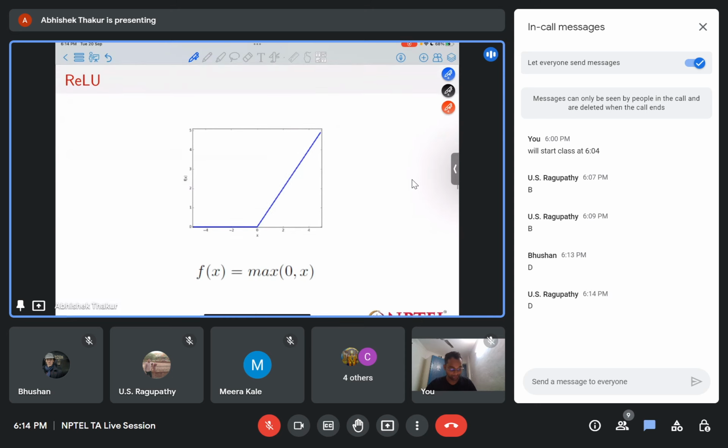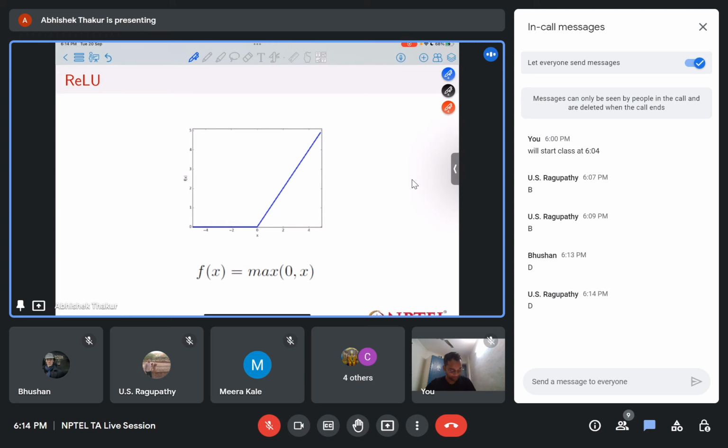This is the curve for the ReLU activation function, f(x) equals maximum of 0 comma x. For x less than 0, f(x) will be 0. For x greater than 0, f(x) will be x. This is the same as maximum of 0 comma x because all negative numbers are less than 0.